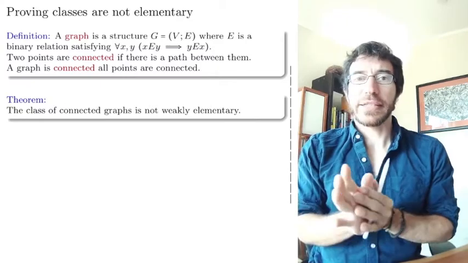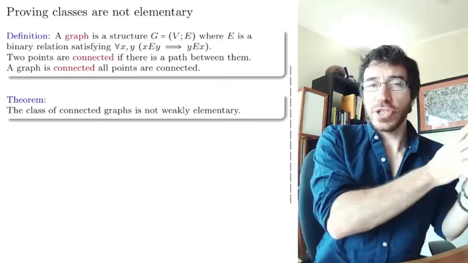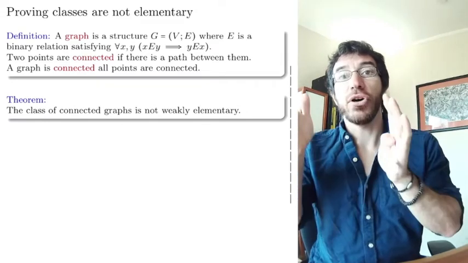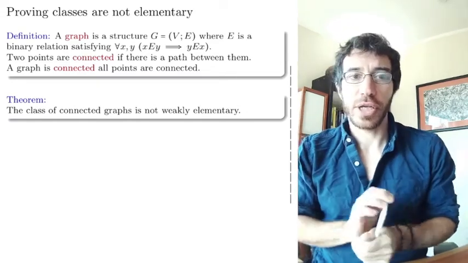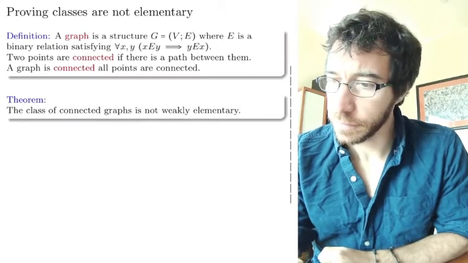Weakly elementary means that there is a set of sentences, which may be infinite, such that the structures in this class are exactly the models of that whole set of sentences. In other words, let's write it down.